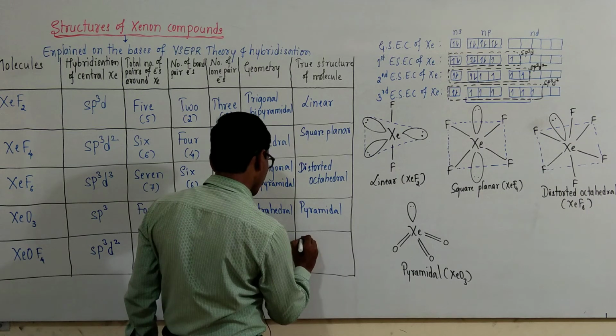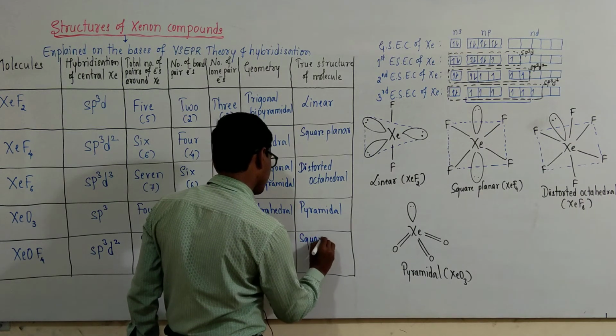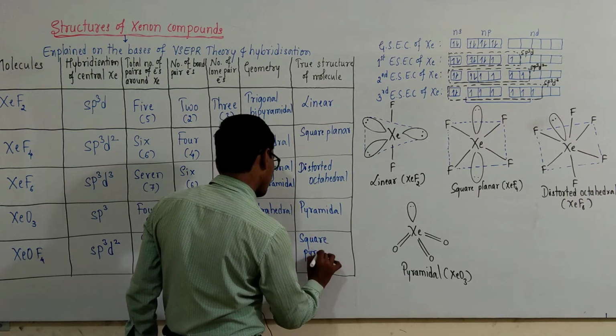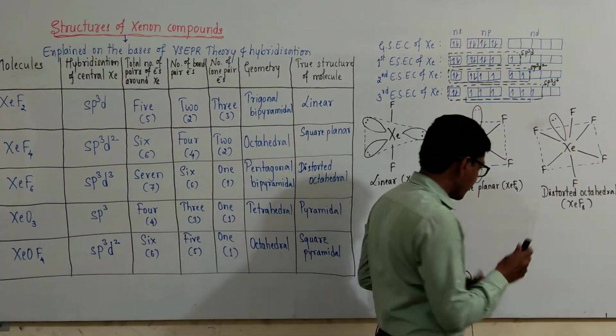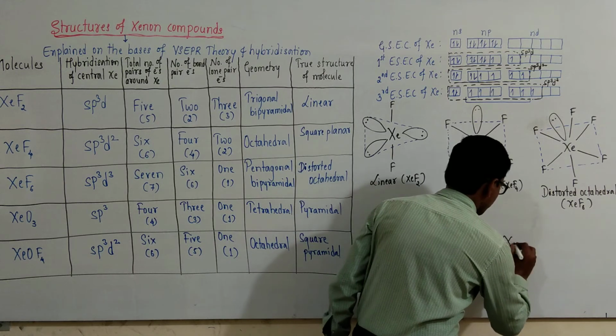and its geometry is square pyramidal. Because one lone pair is present, its structure is like this.